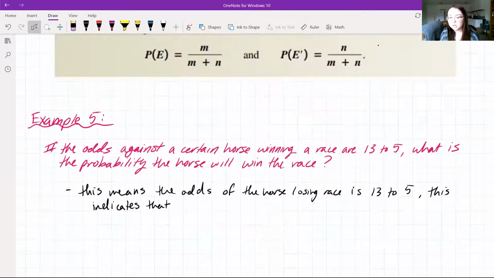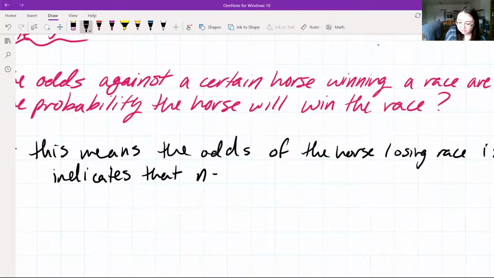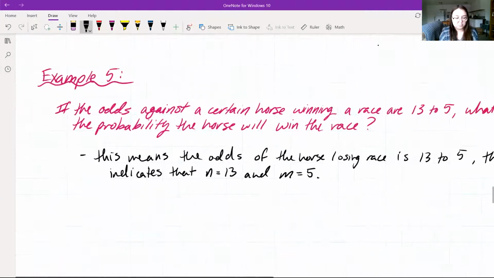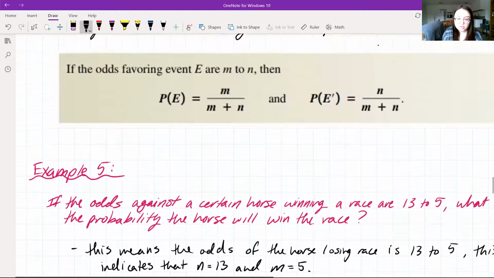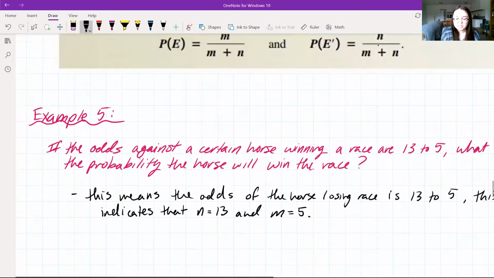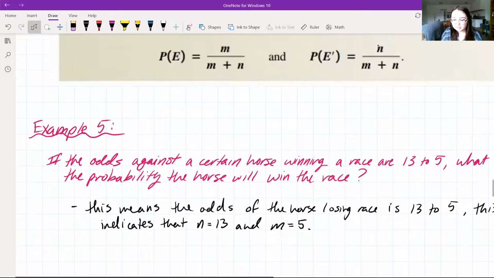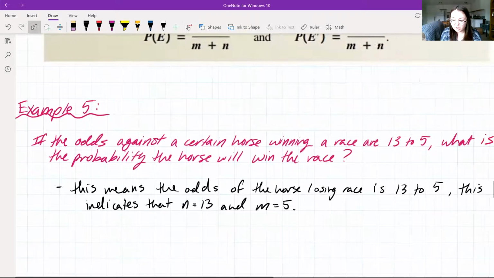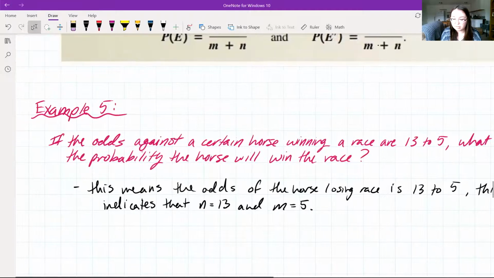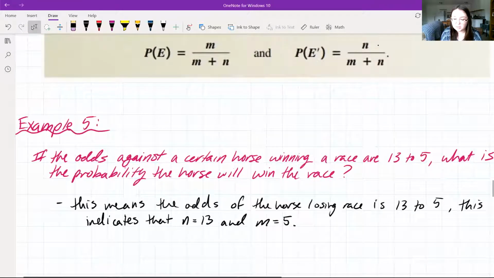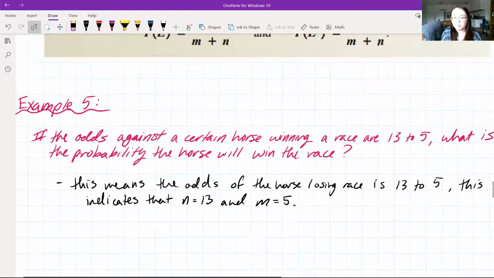If we say that the chances of the horse losing is our probability of E complement, this indicates that N is equal to 13 and M is equal to 5. Now we want to use our equations here to write these out. We know that the odds of losing is 13 to 5, and that is going to be the probability of E complement.